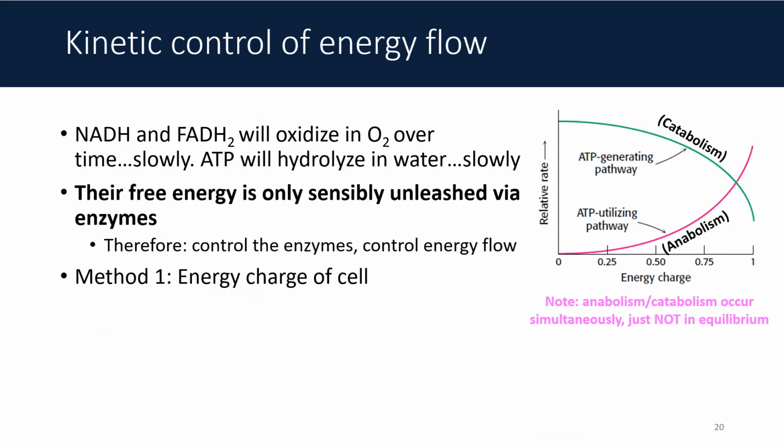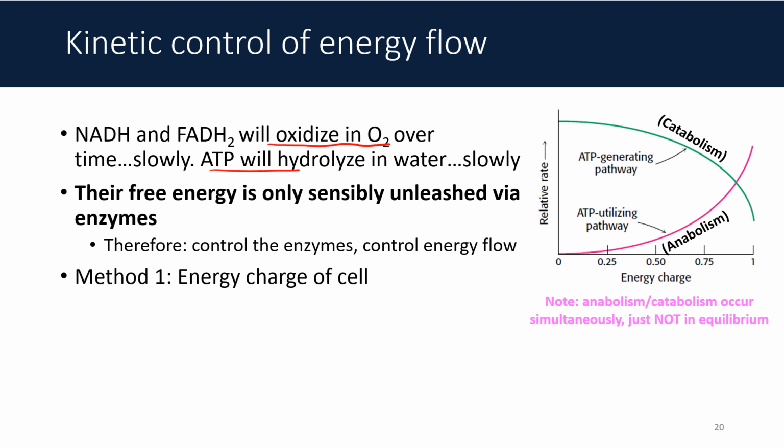I think I've mentioned it a few times now that cellular currencies like ATP, NADH, acetyl-CoA, and so on, once we make them, they are metastable or kinetically stable, meaning they will degrade over time because they are reactive. NADH and FADH will oxidize in air slowly.